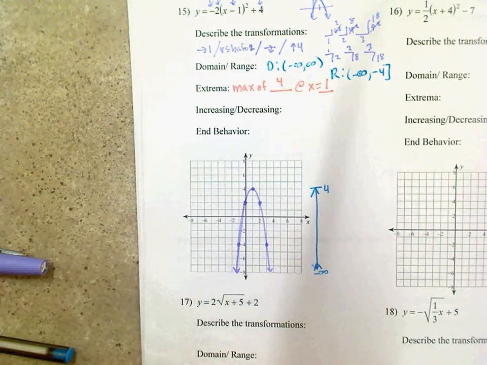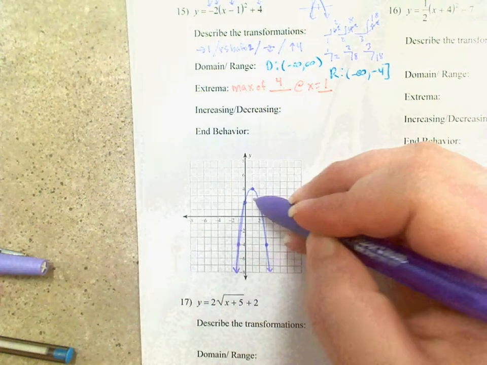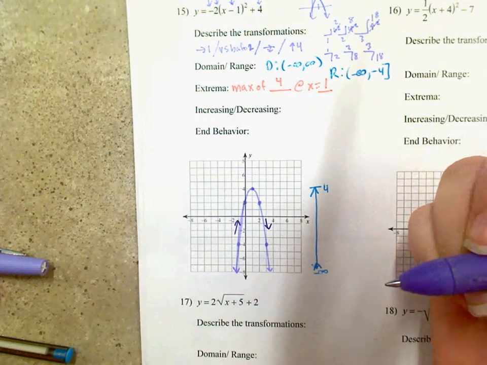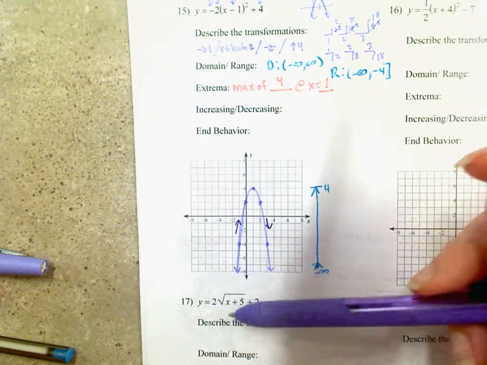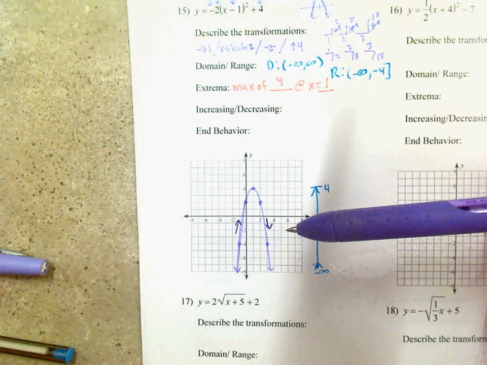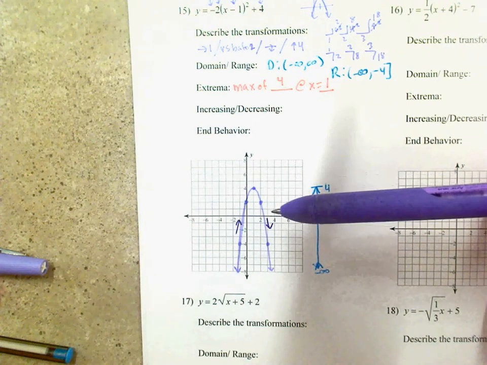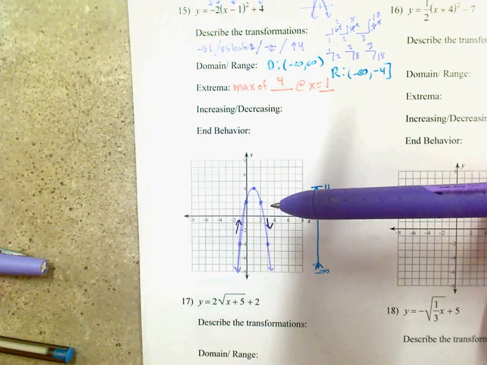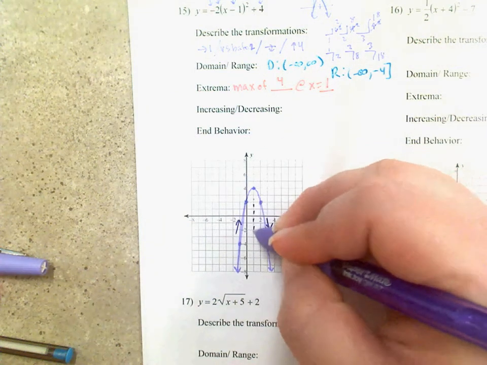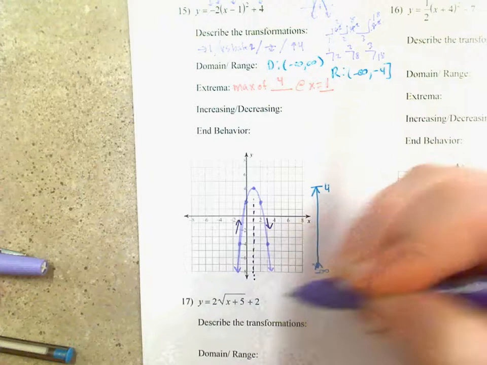Increasing and decreasing. Very important that we understand this concept. The function is increasing and then it's decreasing, right? But if you were to tell me the function is increasing from negative infinity up to 4, and then it's decreasing from 4 to negative infinity, those are the same intervals of y values. It's not unique at all. But what is unique is the interval of x upon which it's happening.